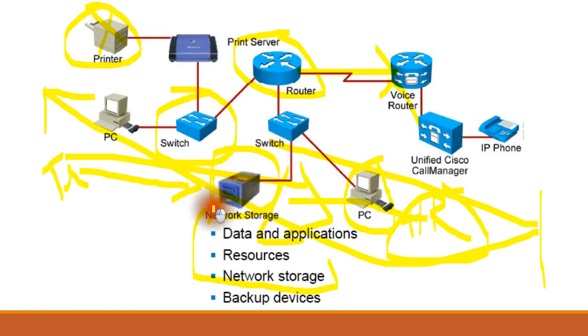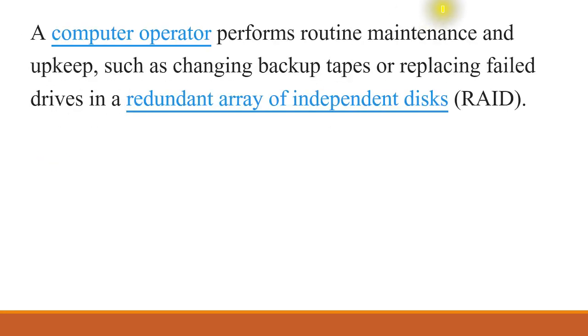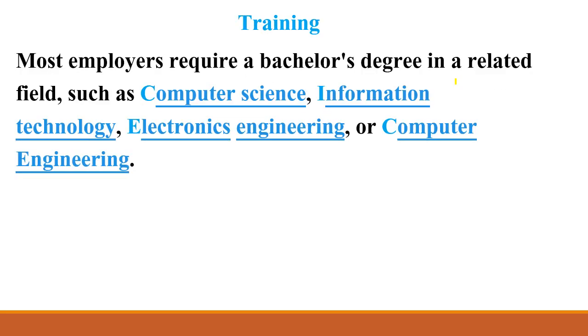If any disk has failed, they will replace that disk and plug in another disk. This is the basic function of that kind of team: replacing the failed disk, if you have configured a redundant array of independent disks, RAID. So these are the types of groups you will be dealing with if you are working as a system administrator.